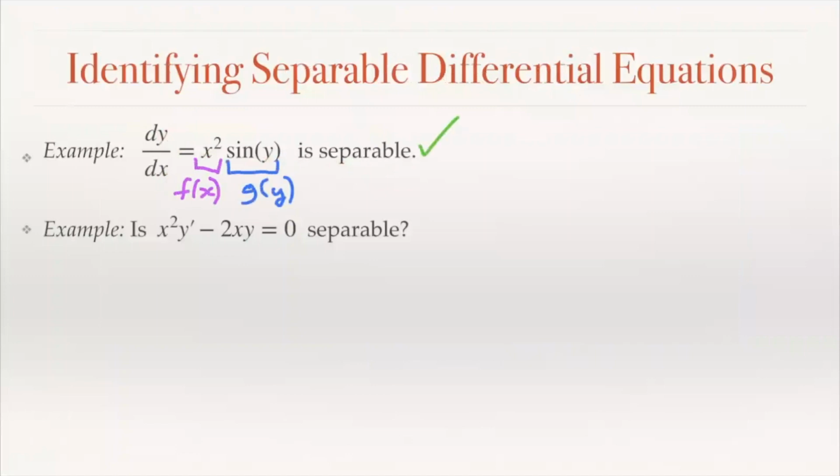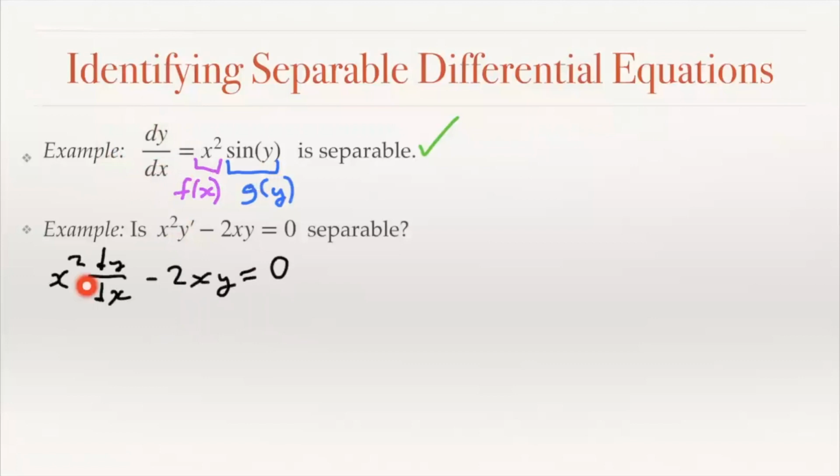So that's a yes. And sometimes differential equations may be presented in a different form, where it's not immediately obvious if they're separable. To find if they're separable, we need to rearrange them, get them in standard form, isolate the dy/dx, and see if we can separate like that. So in this case, first y prime, that's the same as dy/dx.